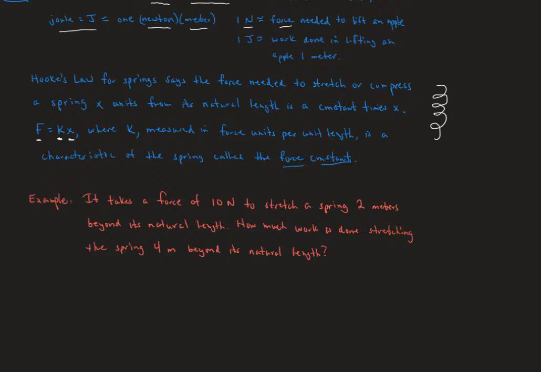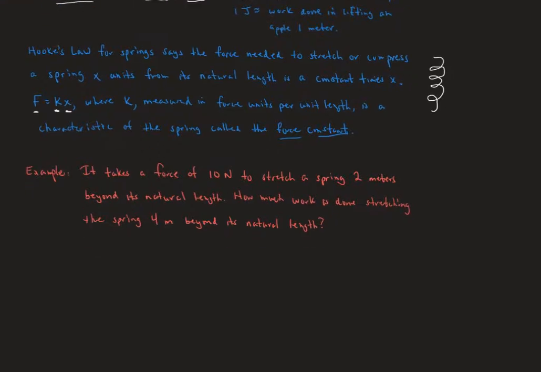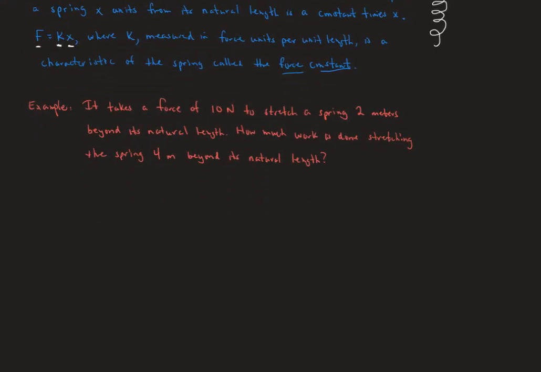So here's an example of that. It takes a force of 10 newtons to stretch a spring 2 meters beyond its natural length. How much work is done stretching the spring 4 meters beyond its natural length? So first, what we need to do is use Hooke's law here, and we know that the force is going to be 10 newtons with a distance of 2 meters.